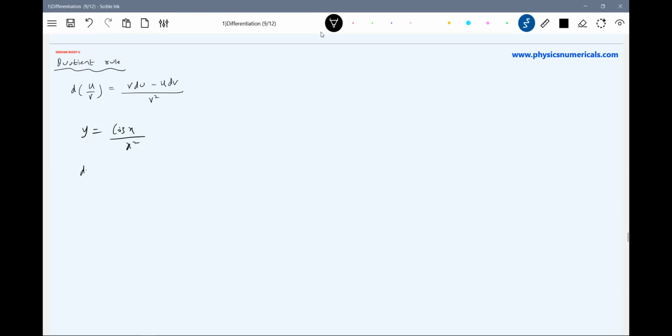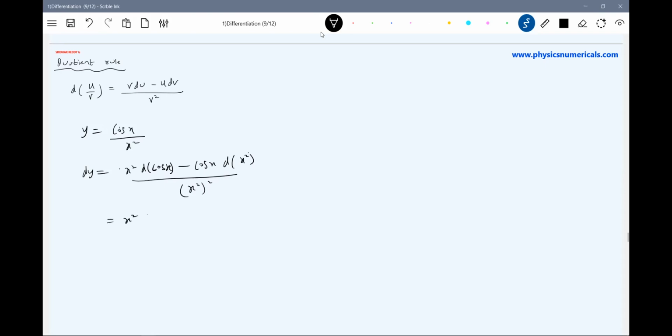So again, dy is equal to v, v is x square, then x square derivative of cos x minus cos x derivative of x square, by x square whole square.